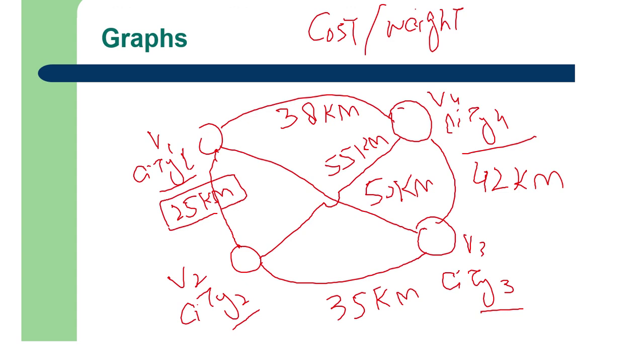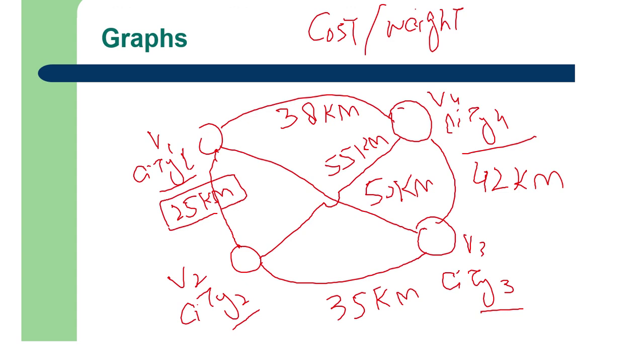The second point is that edges can be directional or undirectional. In the case of a directed edge, there is only one path from vertex Vi to vertex Vj. In the case of an undirected edge, we can move from vertex Vi to vertex Vj and from vertex Vj to vertex Vi.